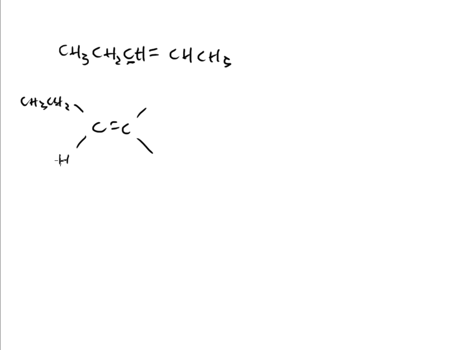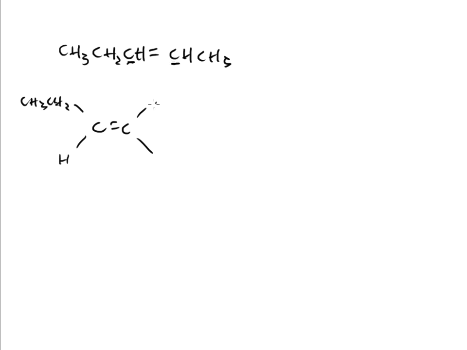So CH3, CH2, CH, double bond, CH, CH3. All right, here's my double bond, C double bond there. There's my legs. Over here to the left-hand side, this carbon, well, it's got an ethyl group on it, CH2, CH3, and it has a hydrogen. There we go. Over on the right-hand side, I've got this carbon.